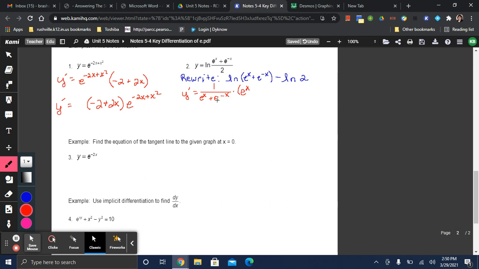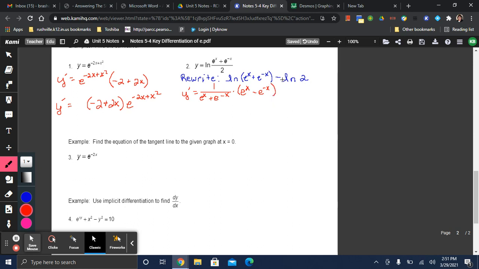And the derivative of e to the negative x is itself. So I could say plus e to the negative x, but then I have to multiply by the derivative of the negative x, which is negative 1. So I think I'm just going to erase the plus sign and put subtraction. So minus e to the negative x.